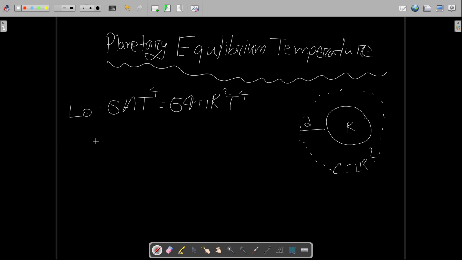Okay. Now, what will be the energy received at this location at distance d? Obviously, it will not be this energy. It will decrease, right?